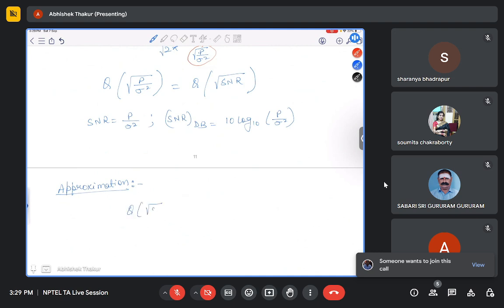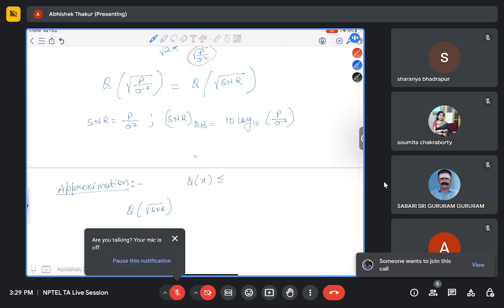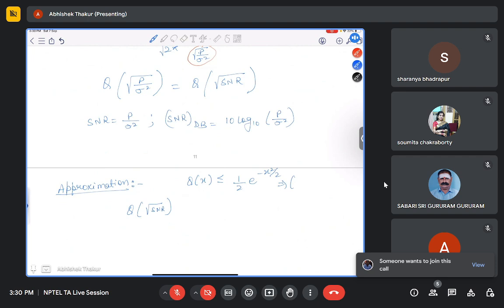like Q of square root of SNR, as we know that Q of x is less than or equal to half e to the power of minus x square by 2. So this can be approximated as half e to the power of minus x square by 2.